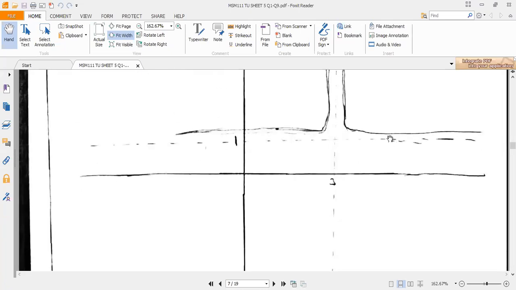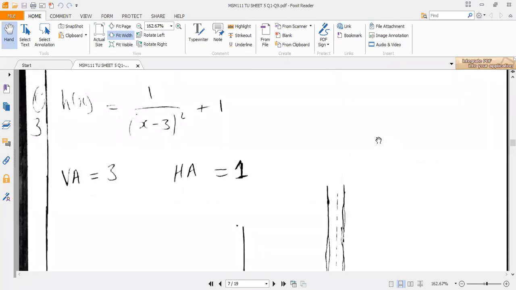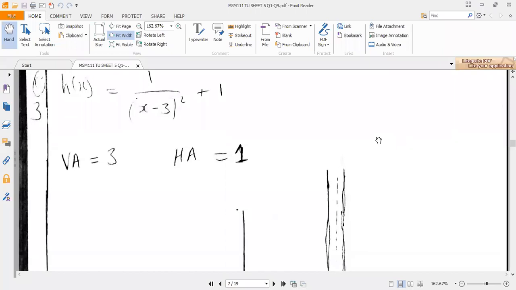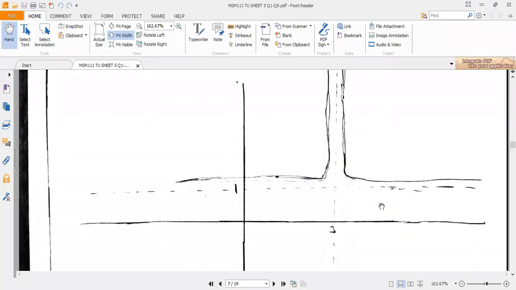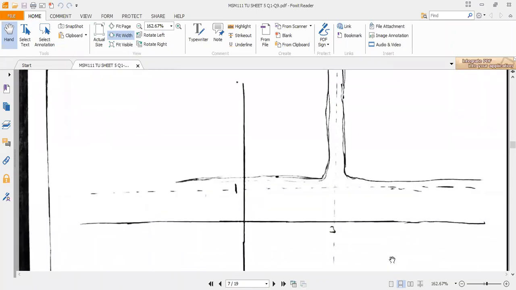If we pick a positive number from this side, let's say positive 4, when we plug it in here, we have 4 minus 3, which is positive. So here we always get positive values, which simply tells you that our function will go up. It will go like this. The moment it approaches this guy here, it will go up on top.